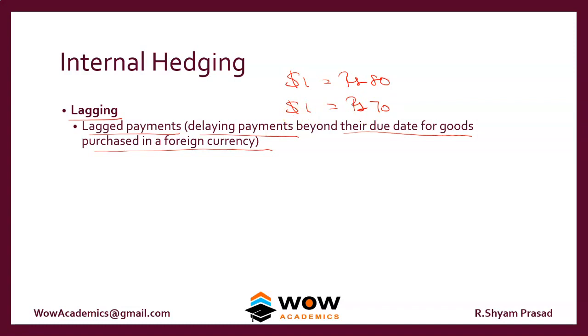But this is not such an acceptable method, because the foreign company might not accept payment beyond a date, or they will levy a fine on you, or they will not see you as a good customer. In the long run, they might have a bad reputation about you. So lagging is acceptable only within the payment terms.